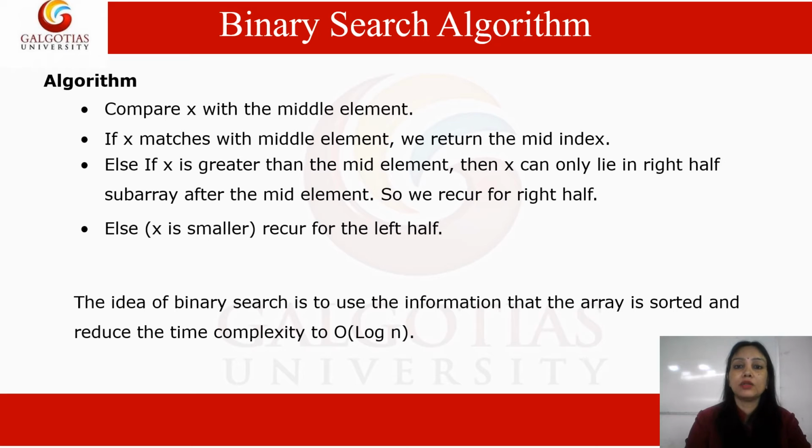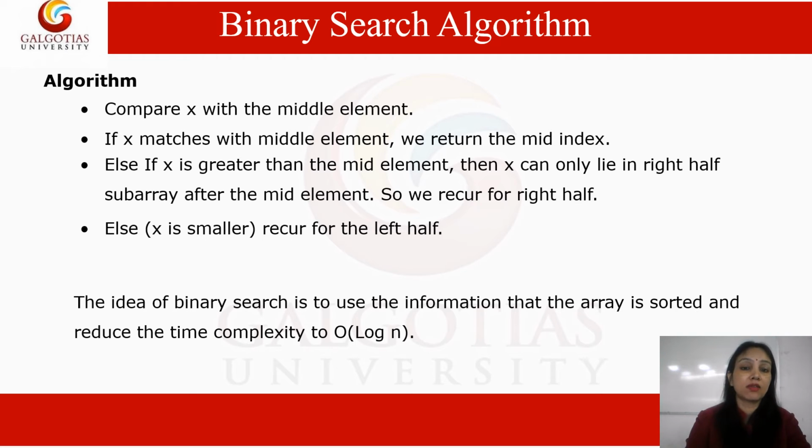After that, you compare your x. x is the element which you are going to find. So compare x with the middle element. If x matches the middle element, that is one possibility, meaning your middle element is equal to the element you want to search, so we return the mid index.